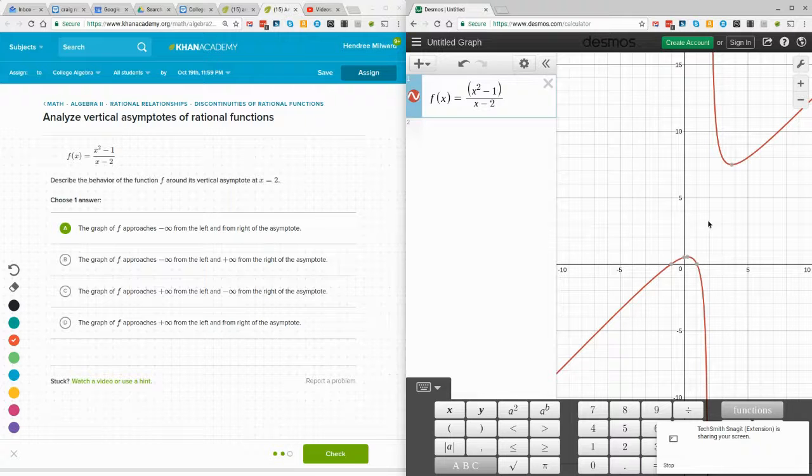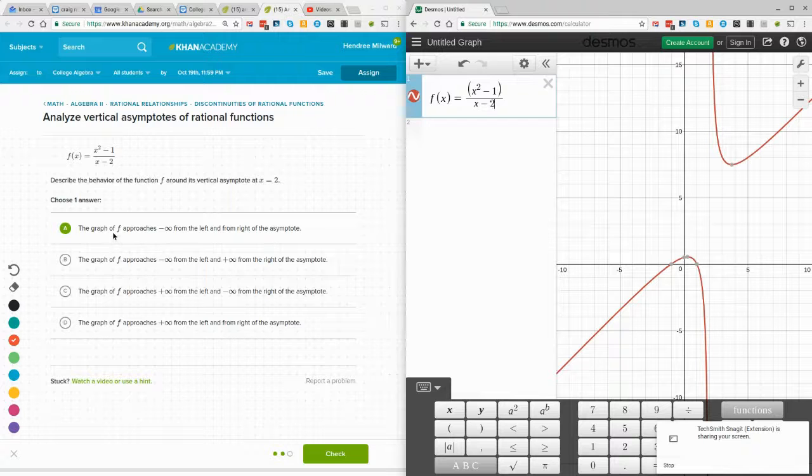Okay, so you can see here, what is this, 2? As the graph approaches 2 from the left side, it goes off to negative infinity. It's getting really, really, really negative.